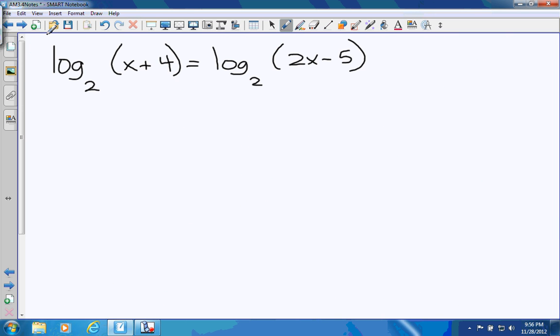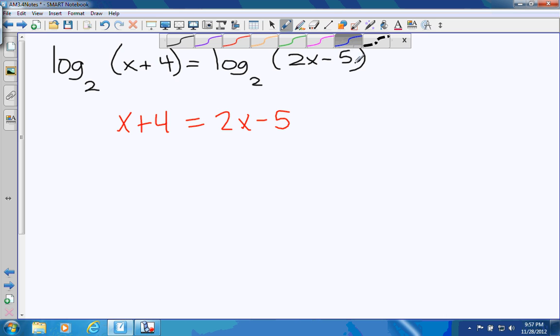Well, when solving a logarithmic equation, if you have logarithms with the same base, that same concept applies to this type of problem because of this equal sign. So because these are the same, we can just get rid of them and say that x plus 4 equals 2x minus 5. Because if the bases are the same, then these have to be the same.